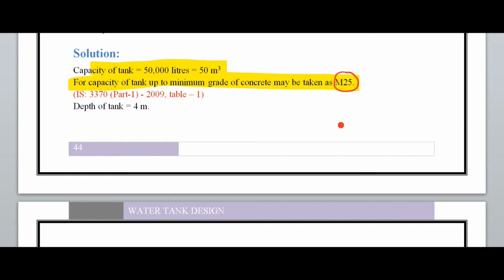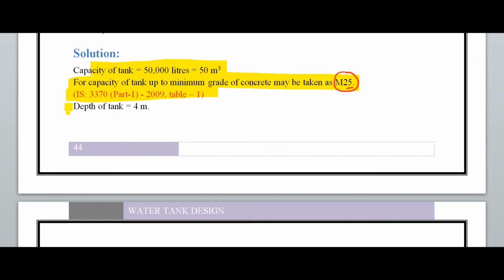We cannot take M20 or M15 grade of concrete. We have to take M25 grade of concrete for the design of water tank. Minimum M25. This is given in code IS 3370 part 1 2019 table 1.